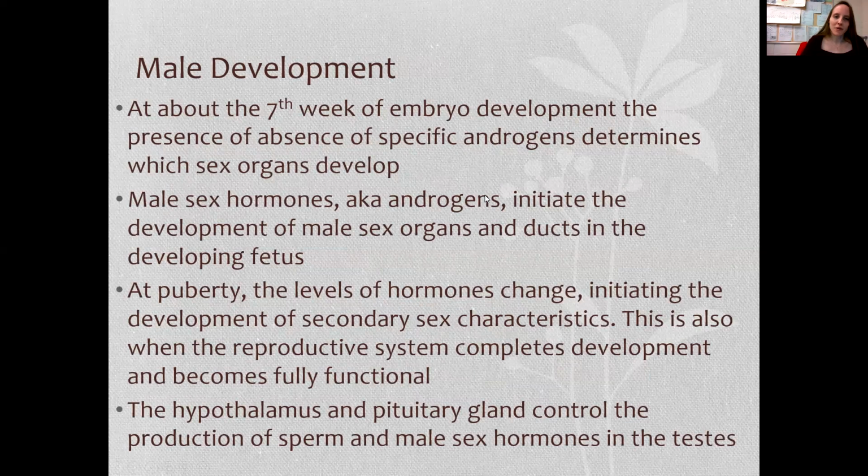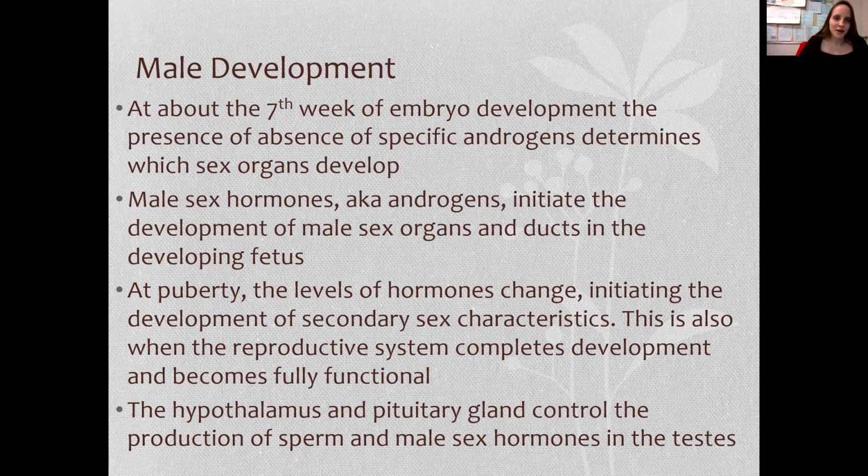About the 7th week of embryonic development is when the sex organs start to develop, and which sex organs develop will be based on whether those androgens are present or not. If those male sex hormones are present, they will then initiate the development of male sex organs and ducts in the developing fetus. If those male sex hormones aren't present, then the embryo will continue to develop as a female.